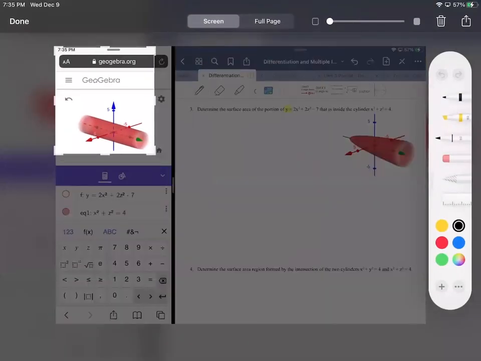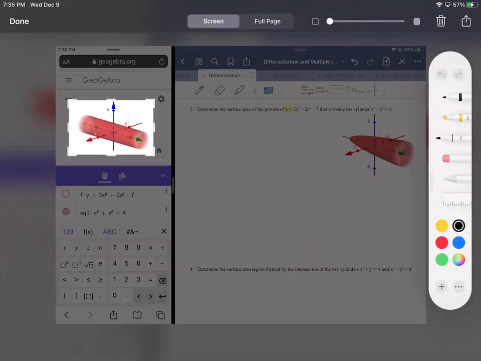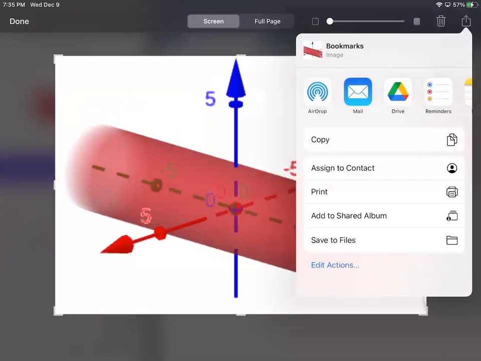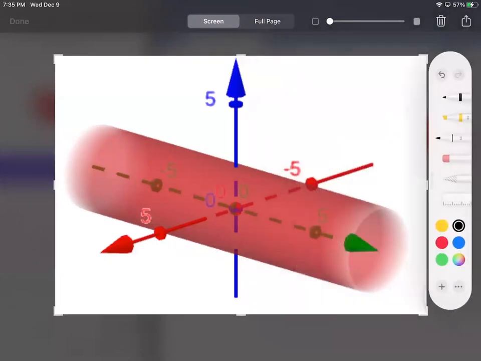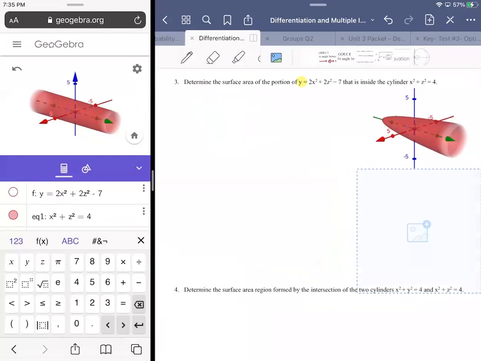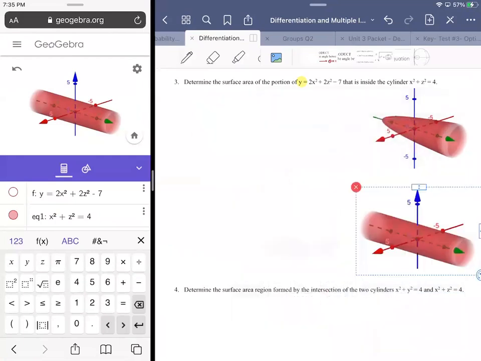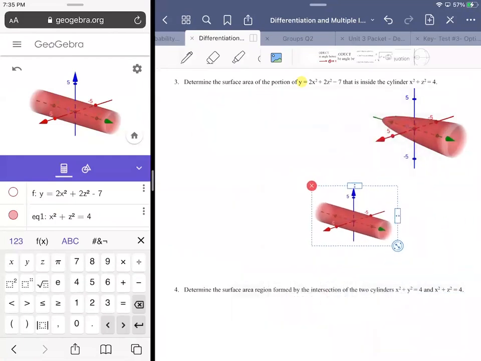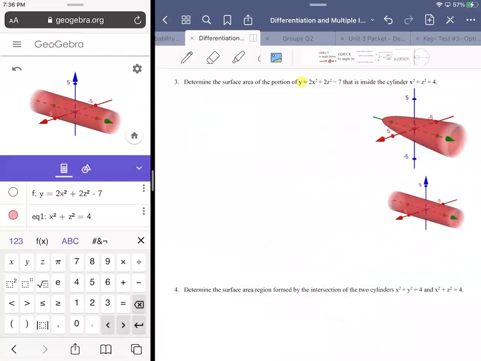What I want to do is change the perspective. The idea we should have in mind is that on the far side, the pointy end of the paraboloid, is the negative y-axis.